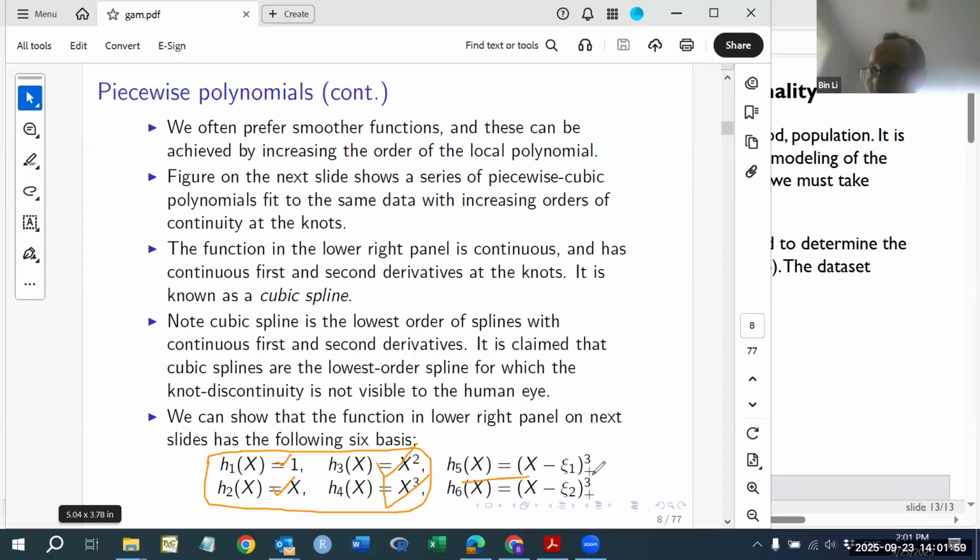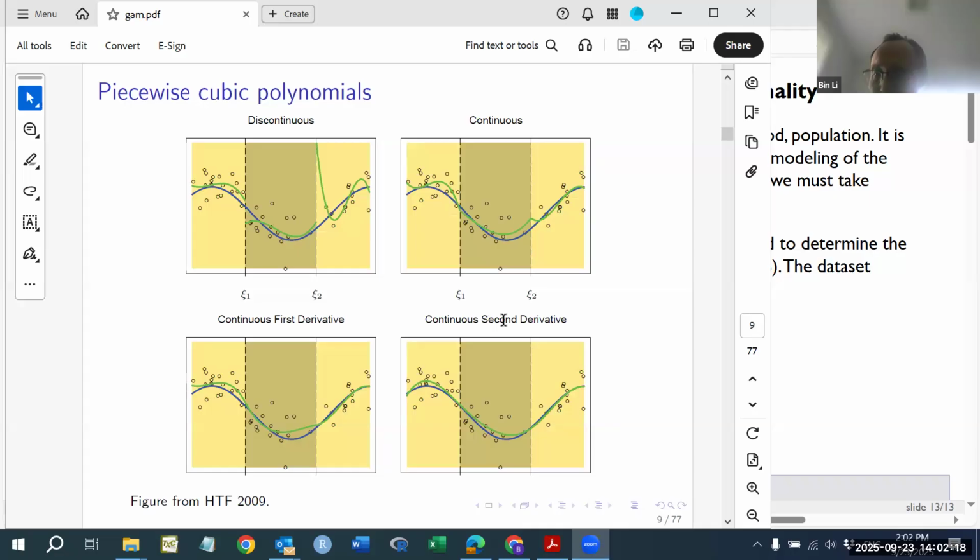This is (x minus c1) cubed with the positive part. This is (x minus c2) cubed with the positive part. So by including these six terms, we can have a continuous second derivative for the cubic polynomial.